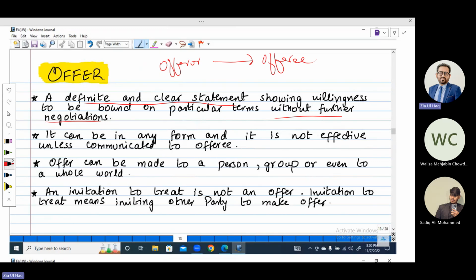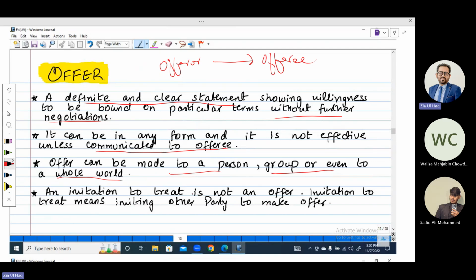An offer must be communicated to the offeree. If it is not communicated, you cannot claim you have made any offer. And an offer can be made to a person, a group of persons, or even to the whole world. If you are advertising something to sell, it is open to the whole world.